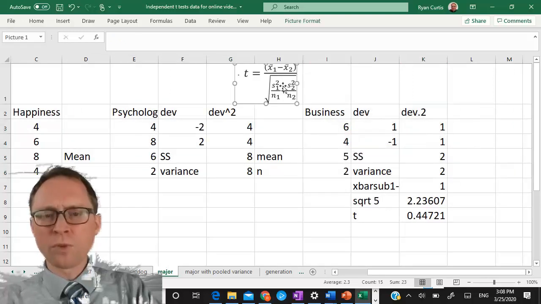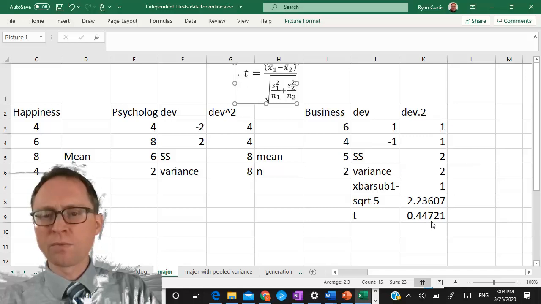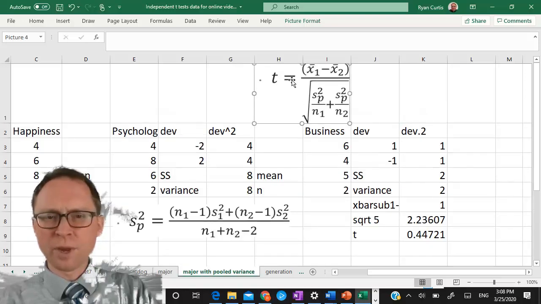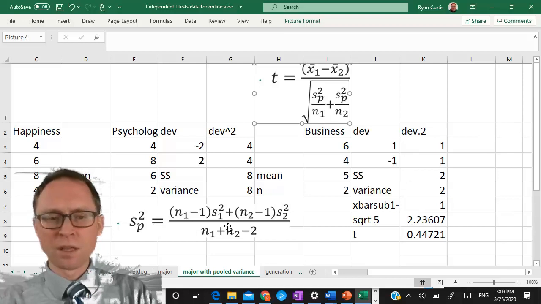When we used the old formula, this is what we got, and the t equaled 0.447, right? Now, instead of using this formula right here, we're using this formula right here, which looks almost exactly the same, except now we're looking for that pooled variance. And to get the pooled variance, we're going to use this particular formula right here.